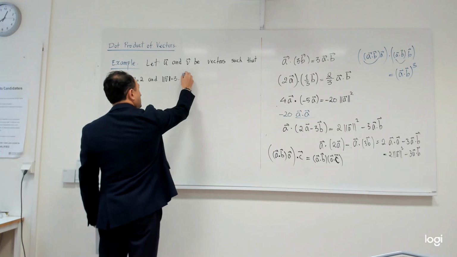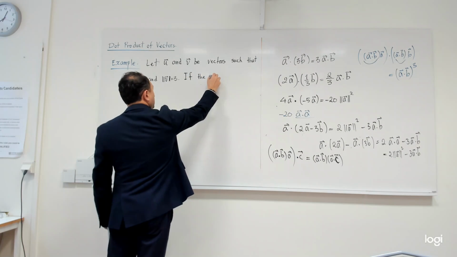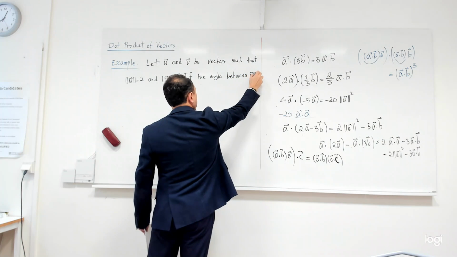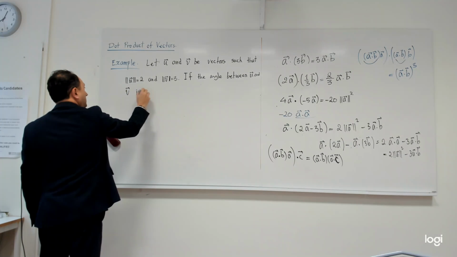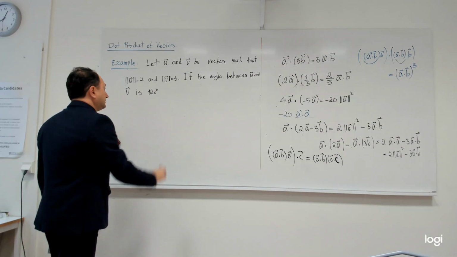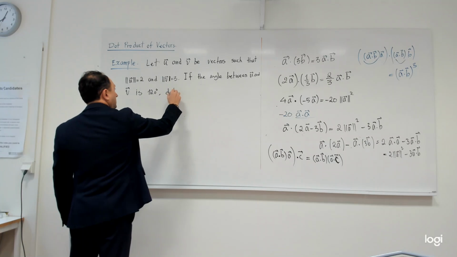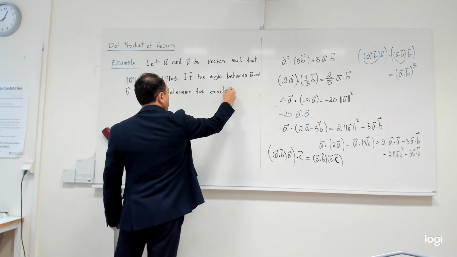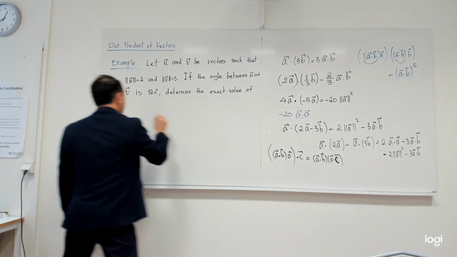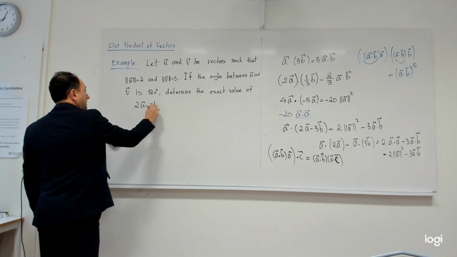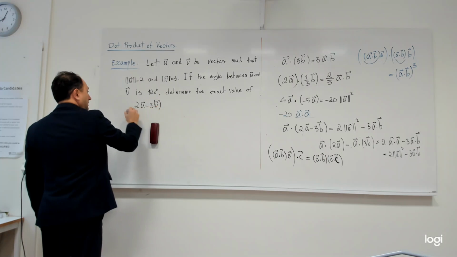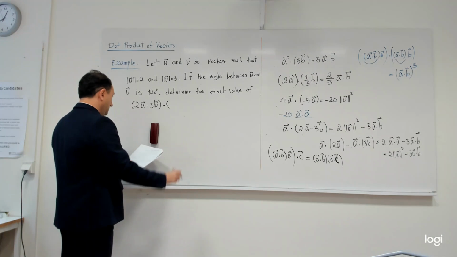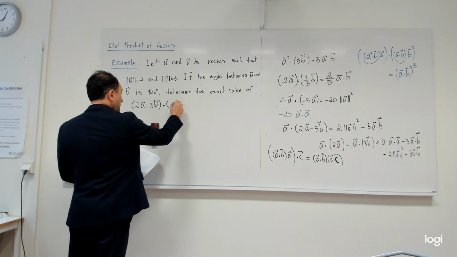If the angle between these two vectors, between U and V, is 120 degrees, determine the exact value of 2U minus 3V dot product with 4U minus V.